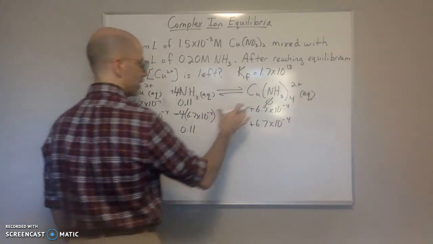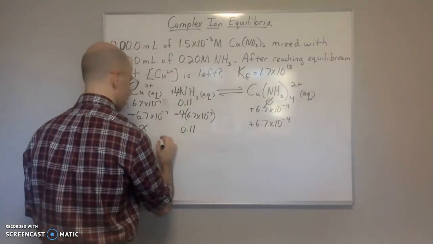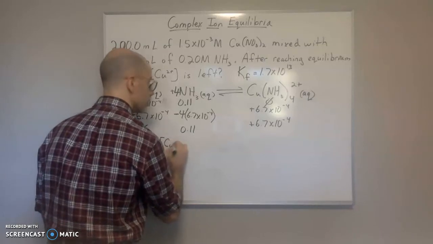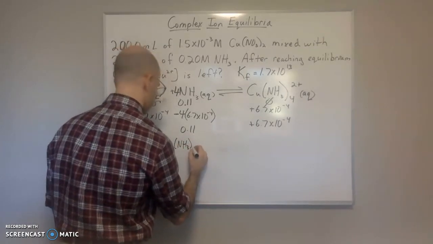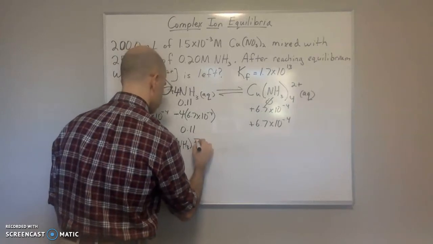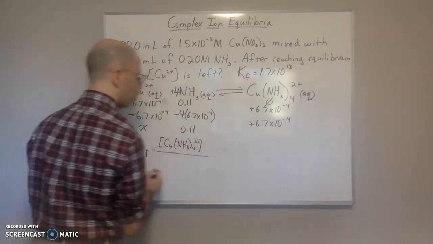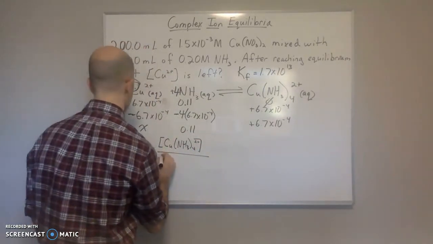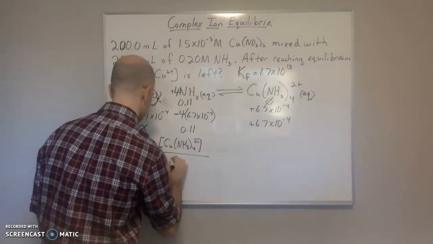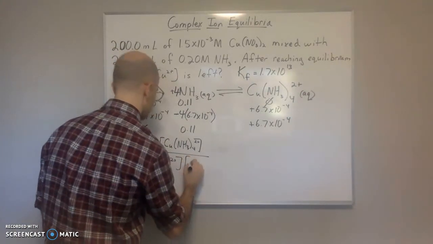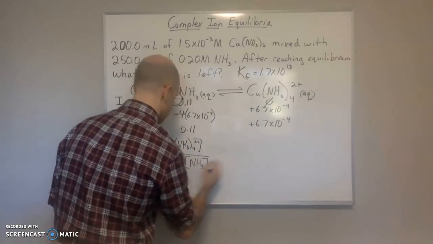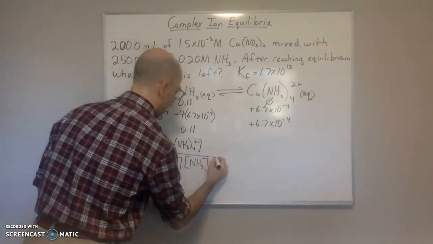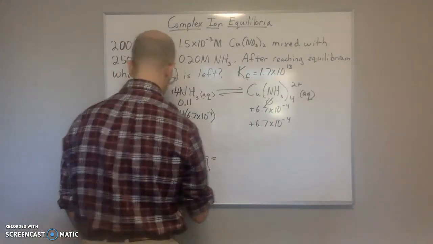So it's going to be the concentration of Cu(NH3)4 2+ over the concentrations of these two: Cu2+ times NH3 concentration.